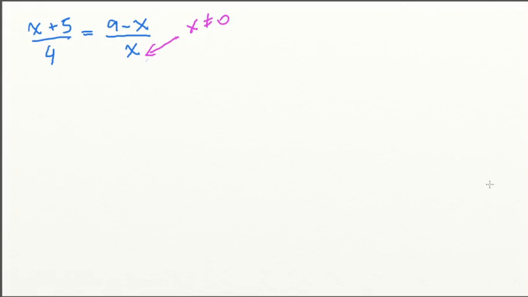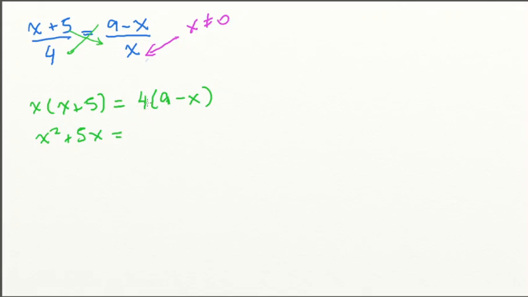So, first thing we could do is cross multiply. So we would get x plus 5 times x is equal to 4 times 9 minus x. Now if we expand those, we will get here x squared plus 5x, and expanding on the right hand side, we will get 36 minus 4x.